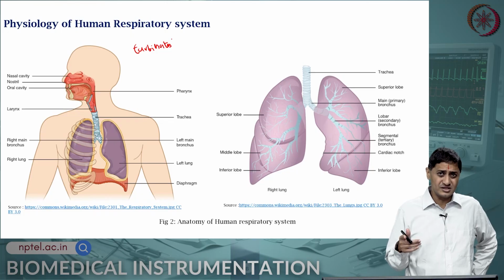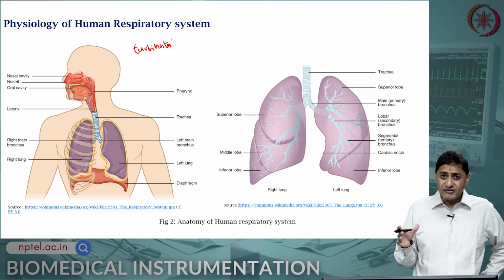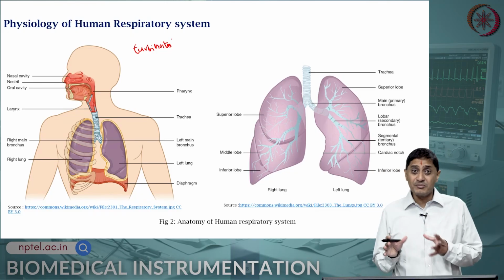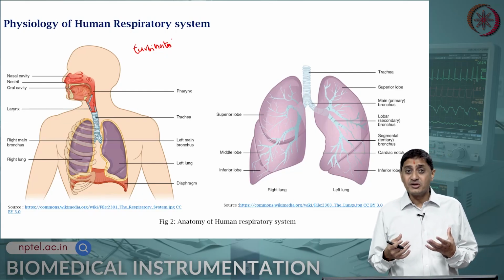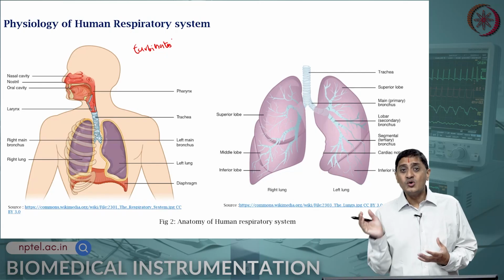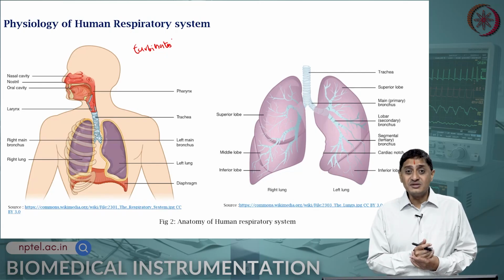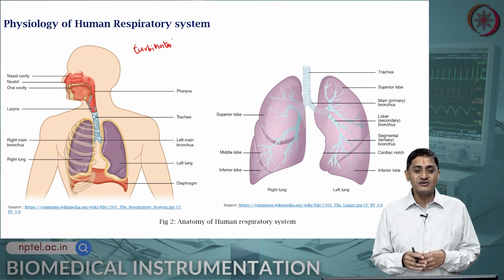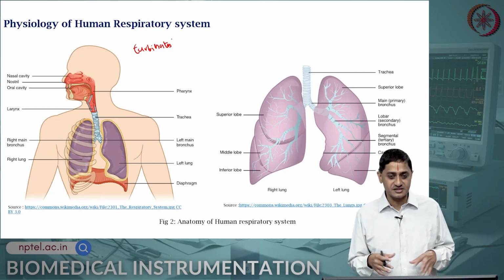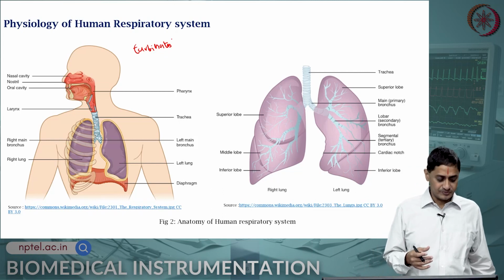When they fail to do their job, you have cold, cough. Remember, cough is not bad by itself. Cough is a reflex that is present to throw away unwanted things from inside the lungs. It is a very critical reflex, except that when you have too much of it, you are not able to tolerate it. So, that is the point.